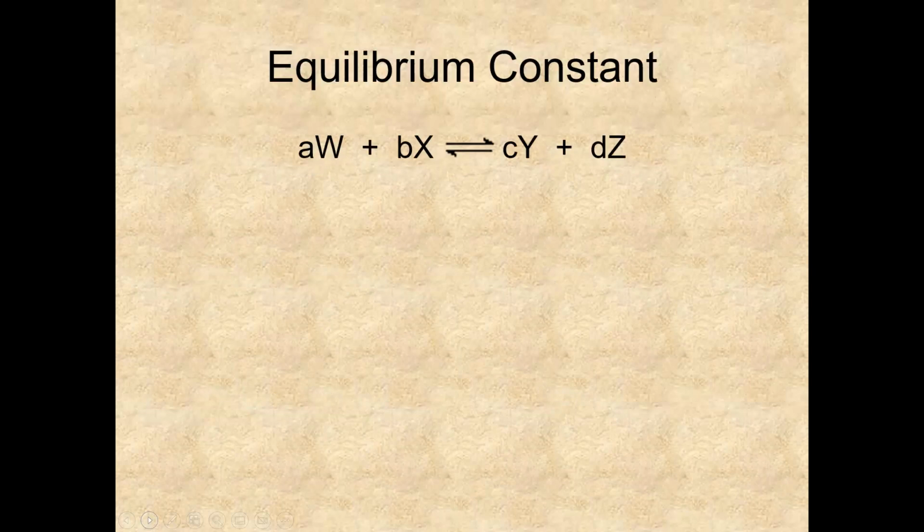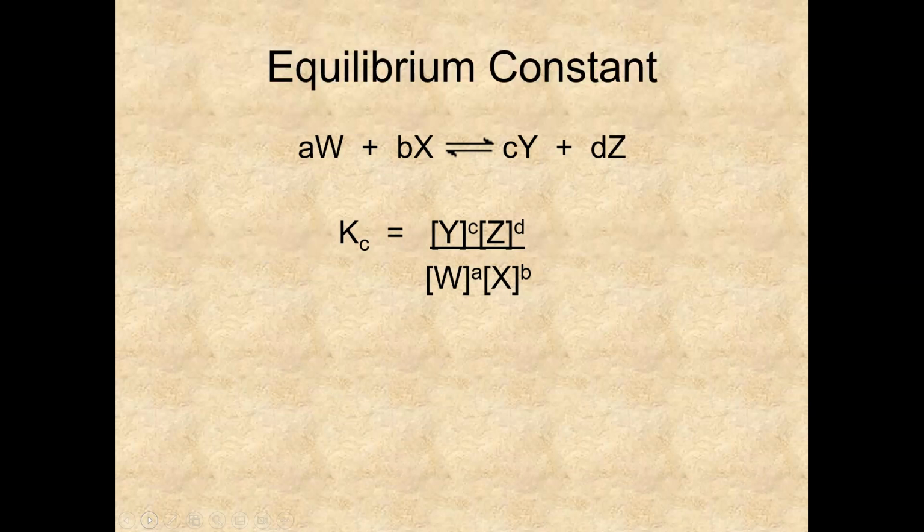So how you're going to write equilibrium constants, and I did mention this a moment ago, you are going to have the products over the reactants. So notice that here we have W plus X producing Y plus Z. So we have the concentration of Y on top times the concentration of Z on top over the concentration of W on the bottom times the concentration of X on the bottom. Notice that if these have coefficients in the balanced reaction, those coefficients become exponents for those specific concentrations.